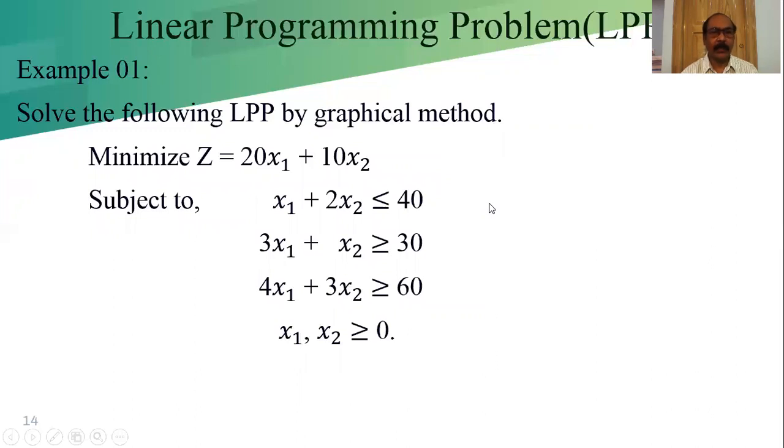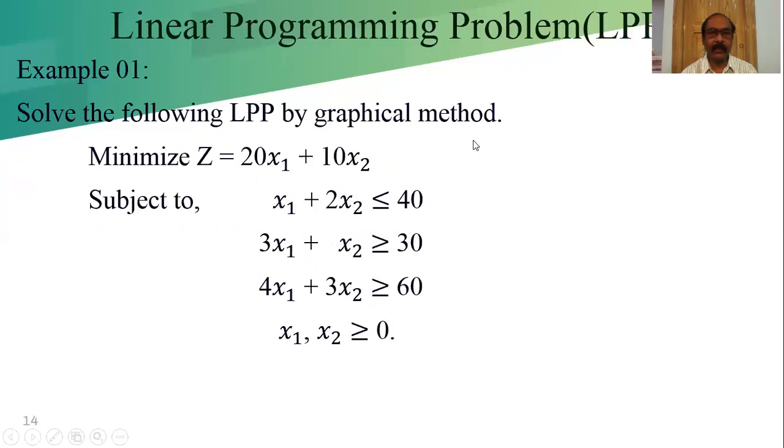As we learned, the first step is that all the inequations we have to consider as equations. Then we have to find the points where each line passes through the two axes.